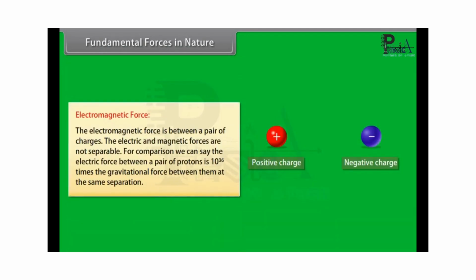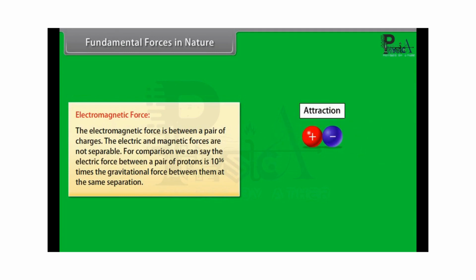The electromagnetic force is between a pair of charges. The electric and magnetic forces are not separable. For comparison, we can say the electric force between a pair of protons is 10^36 times the gravitational force between them at the same separation.